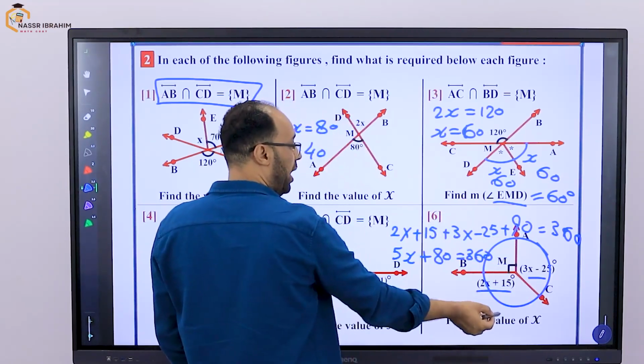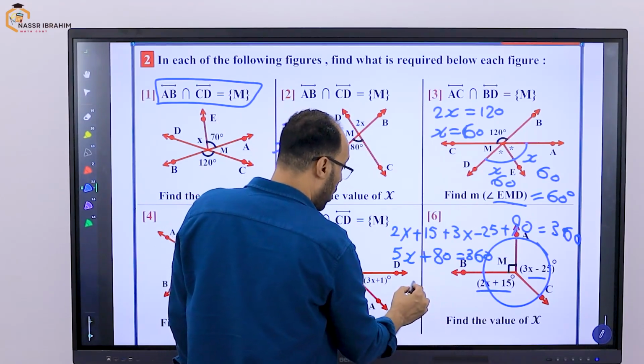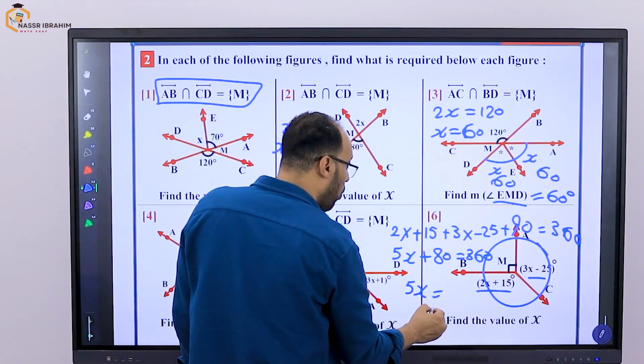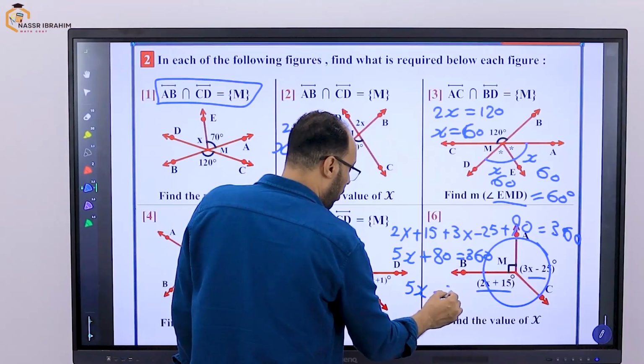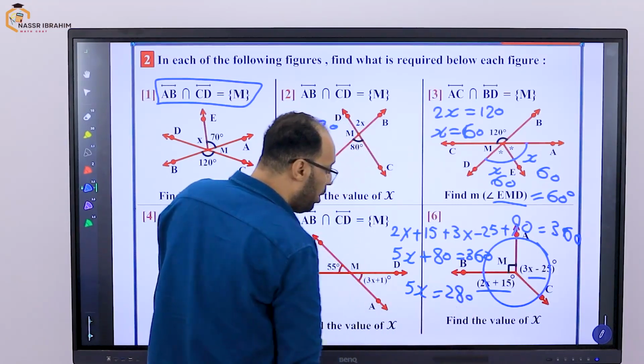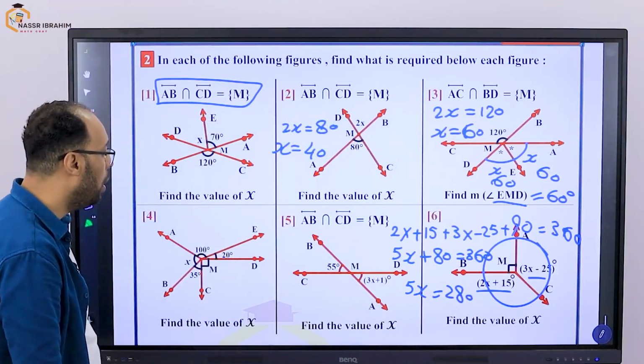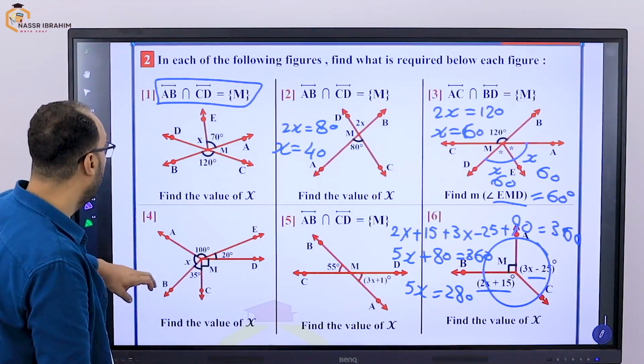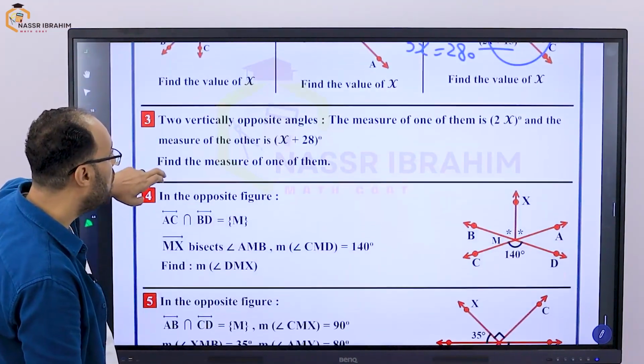And then we will move 80 to the other side by subtraction. So it will be 5x equals 360 minus 80, it will be 280. Then we'll divide it by what? 5.